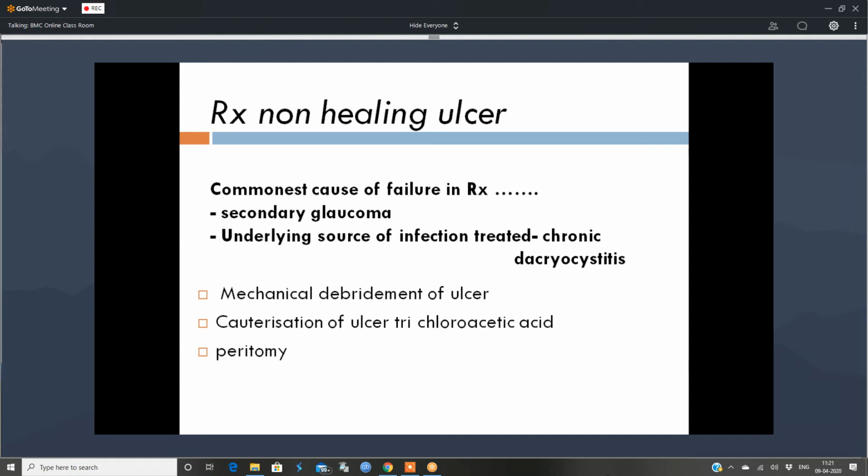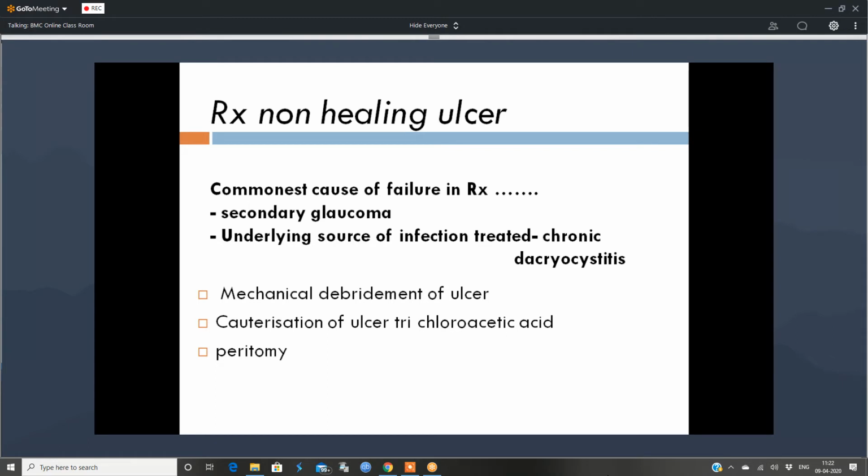So when the intraocular pressure rises, there will be a sort of ischemia or a decreased blood supply, so your drug is not reaching the site very effectively. That's why if you feel that the ulcer is not responding enough to your treatment, you have to look for secondary glaucoma and put the patient on anti-glaucoma medication also.